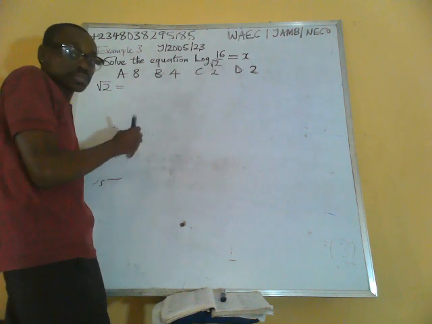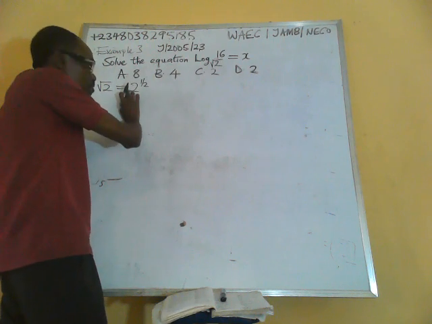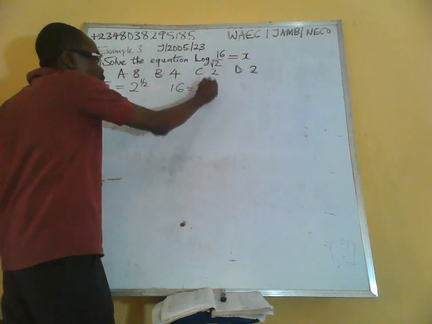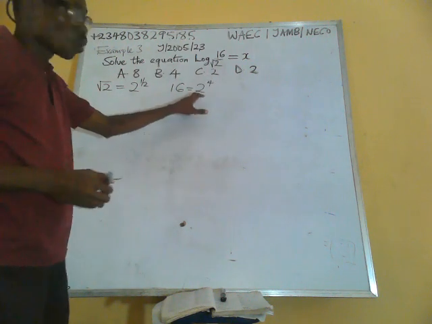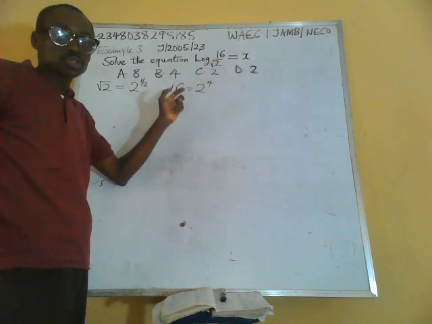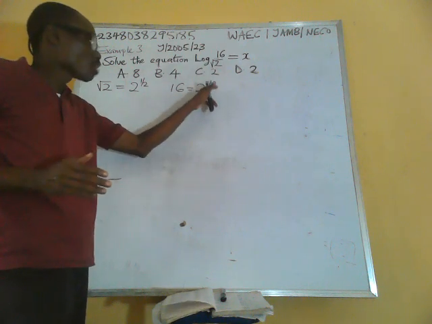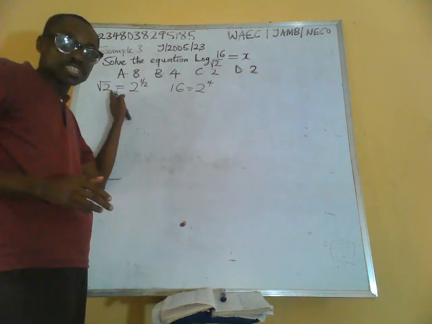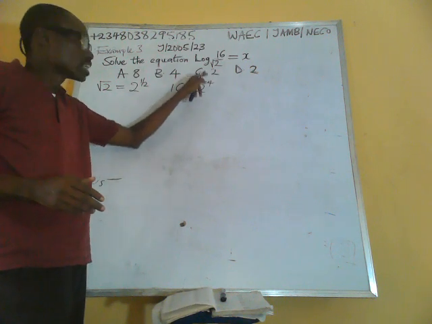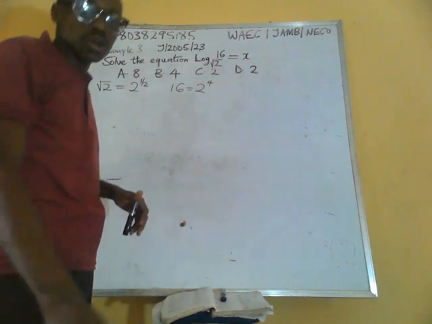So root 2 is the same thing as 2 raised to power half, where 2 is the base, and 16 is the same thing as 2 raised to power 4, where the base also is 2. 16 is what? 2 times 2 times 2 times 2. 4 2's multiply themselves, so that is why we have 2 raised to power 4. Another way of writing root 2 is 2 raised to power half. So the change of base we are going to use here is base 2.